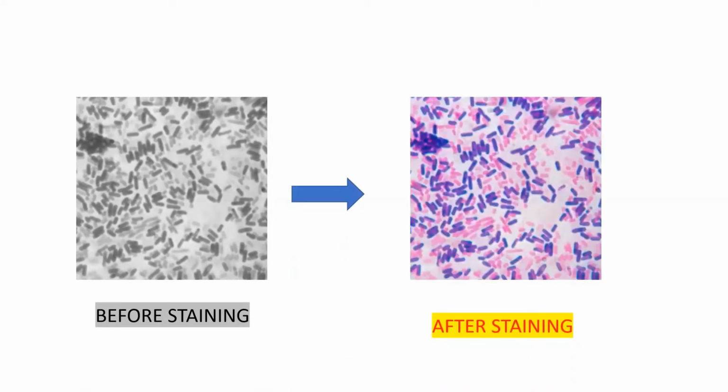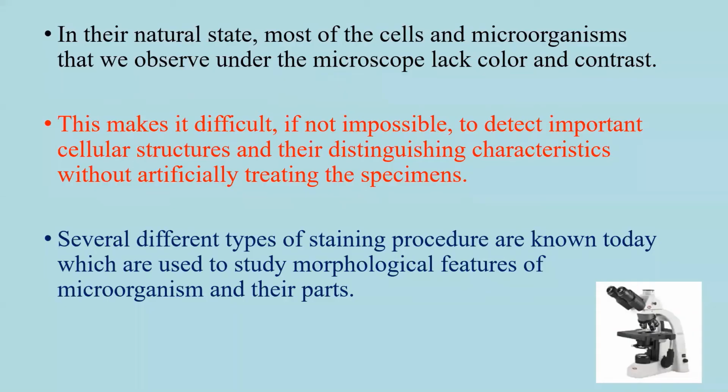Before staining, the bacterial cells will look like this, which after staining will take the appearance of this type. In the natural state, most of the cells and microorganisms that we observe under the microscope lack color and contrast.